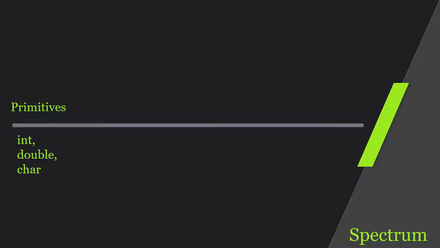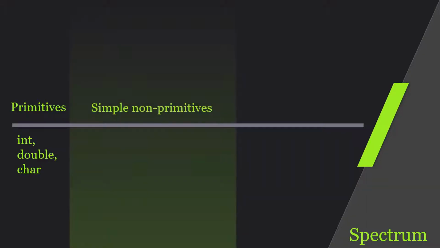Then the next section of our spectrum would be all of our simple non-primitives. So things that are composites, things that are built up of integers and doubles and floating points, but they're not primitives. In C++, they might be structures.